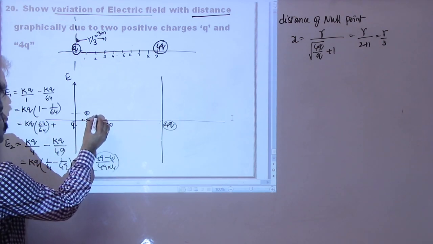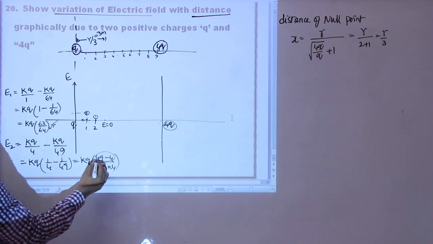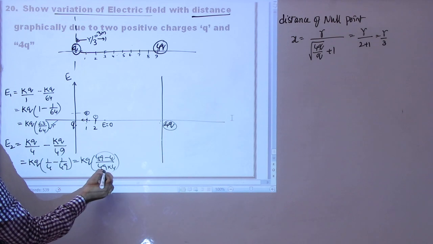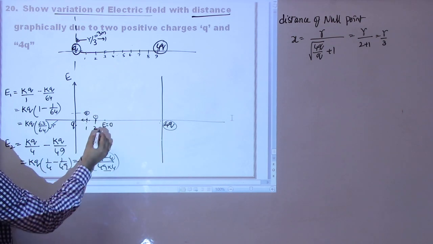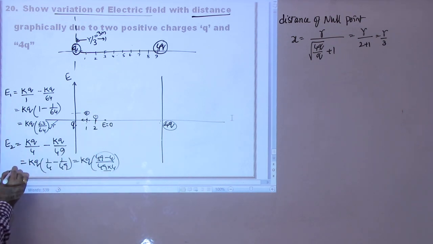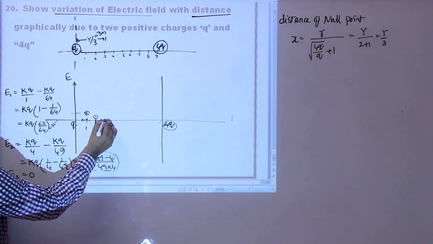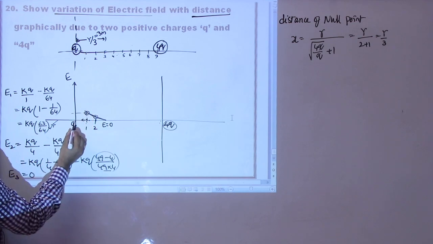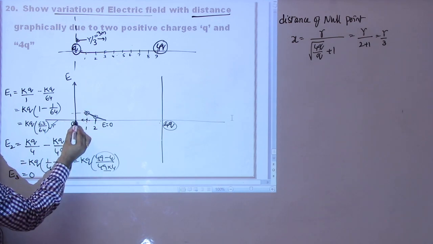If you see this value, this is a positive value, and it will be less than the previous value. So this is 45 by 49 into 4. The denominator is very big, so the electric field strength will be less. Here at 3, the electric field we know is 0. So the graph will be like this.